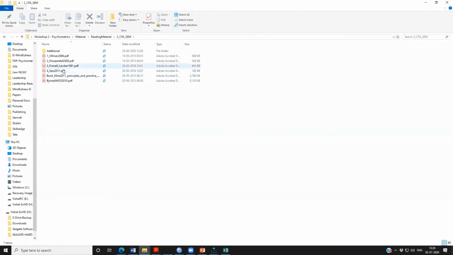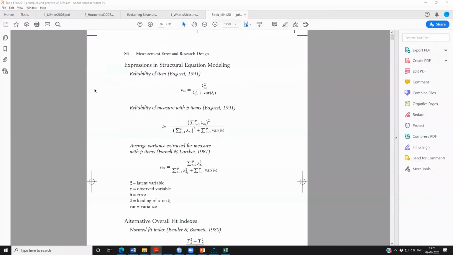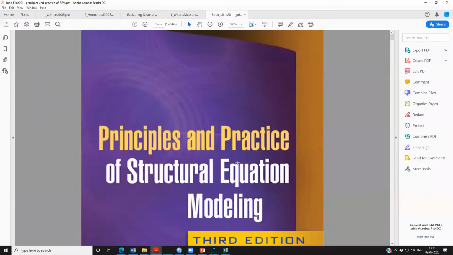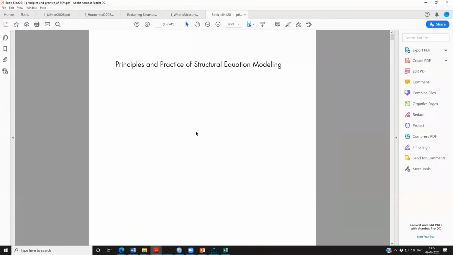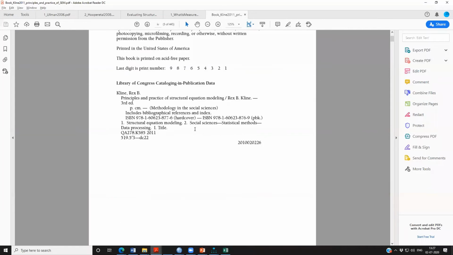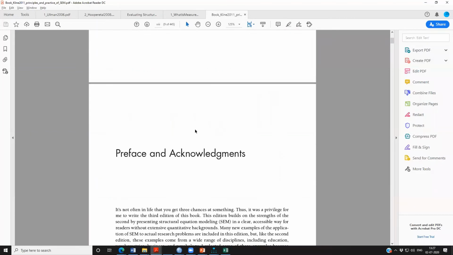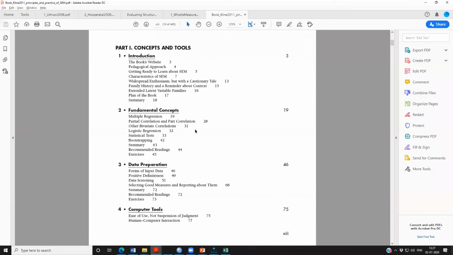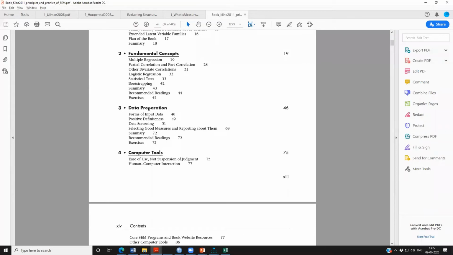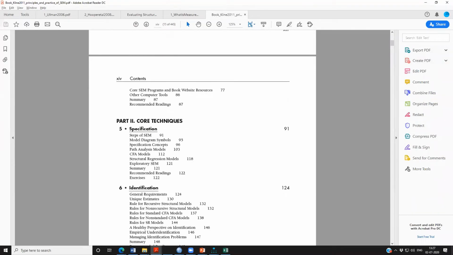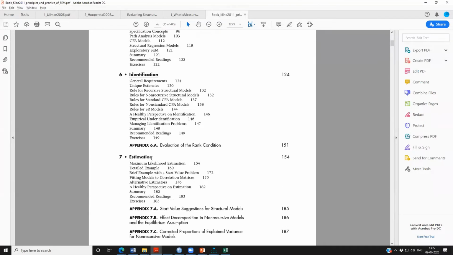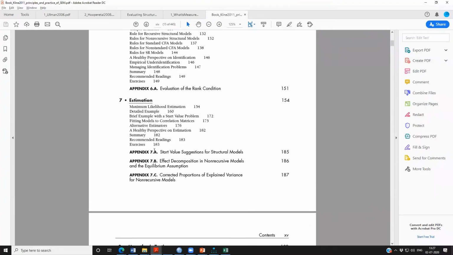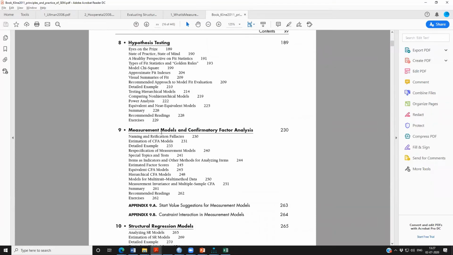Then there are two books I have given. These are very nice books on SEM. If you are interested in understanding SEM, it covers data preparation, then specification, how you draw, identification, all those DF things, estimation, hypothesis testing, and measurement models.